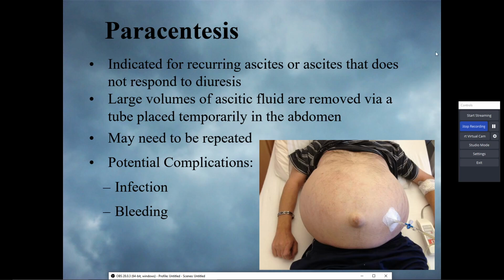Anyway, if we have a patient with chronic conditions like third or fourth stage liver disease, we have chronic buildup of ascitic fluid, and diuretics are not working, and albumin levels are adequate, so it's not the albumin being the issue.